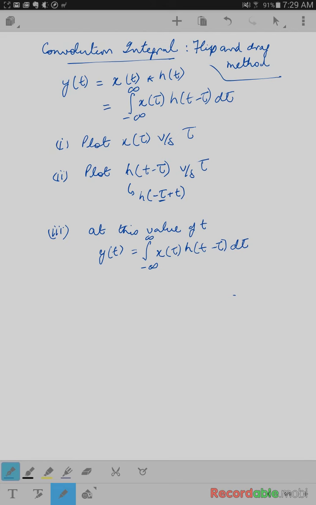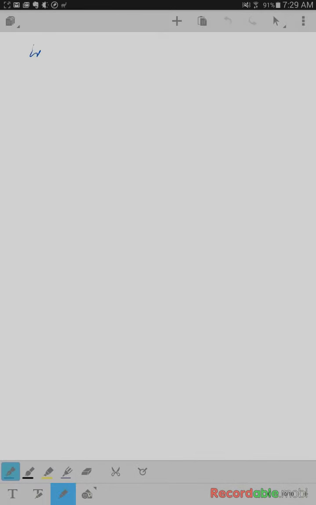So let's take an example to understand this. And the example I'm going to take is my x of t is u of t minus 2, and my h of t is e to the power minus t times u of t.